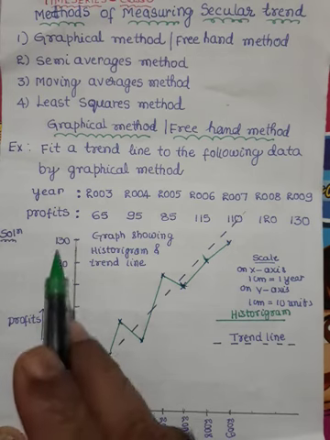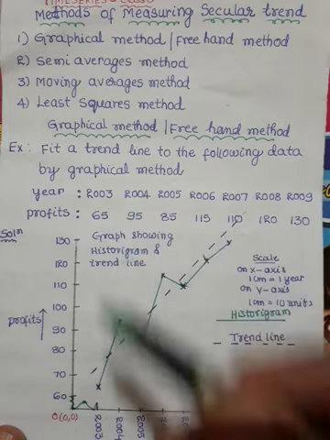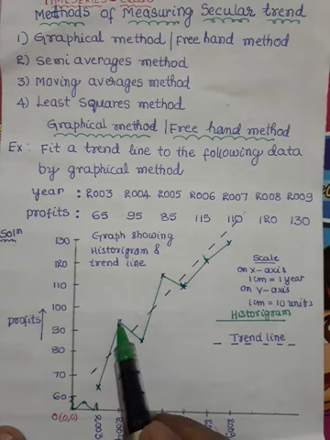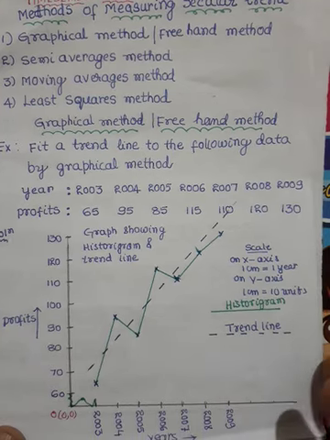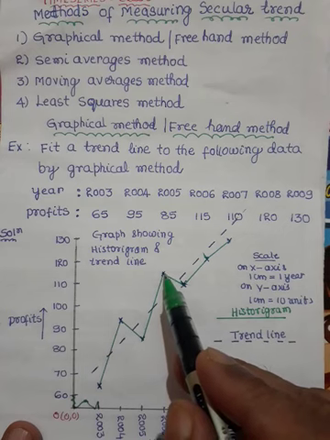Profits are taken along the y-axis and years along the x-axis. We get points for each pair of values. For 2003, profit is 65, this point. For 2004, 95, this point. For 2005, 85. For 2006, 115.